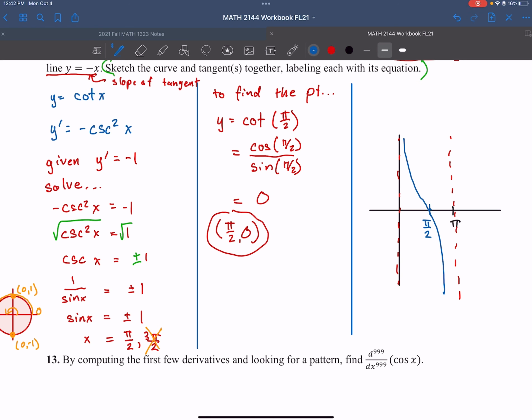The tangent, though, to get the equation, what you need to do is just do y minus 0 is equal to minus 1 times x minus pi over 2. So we end up with y is equal to minus x plus pi over 2. So if you kind of wanted the actual equation, this is not scaled very well, but you would have the tangent line going something like this.